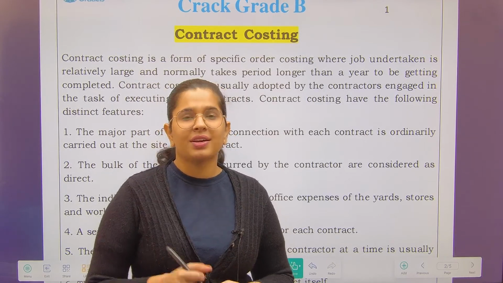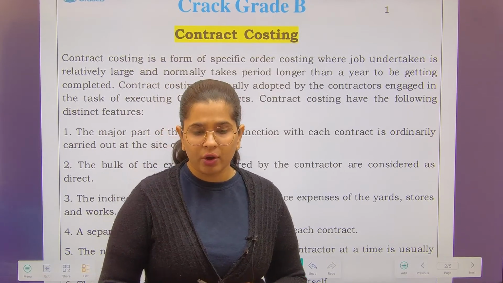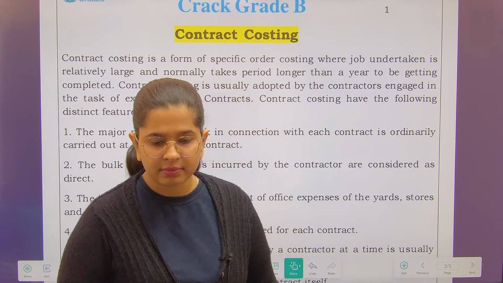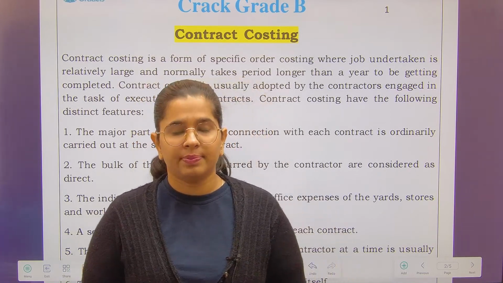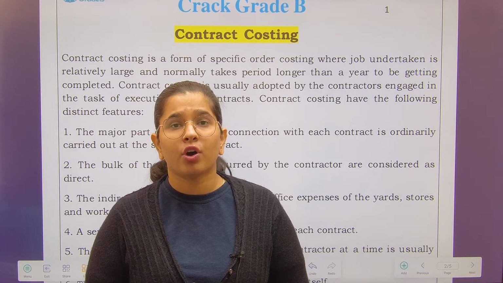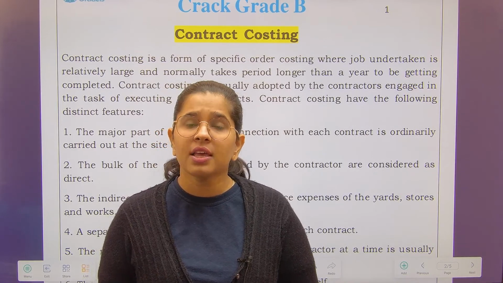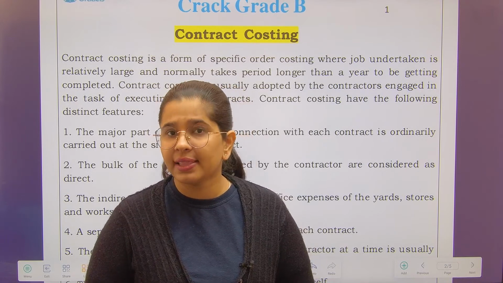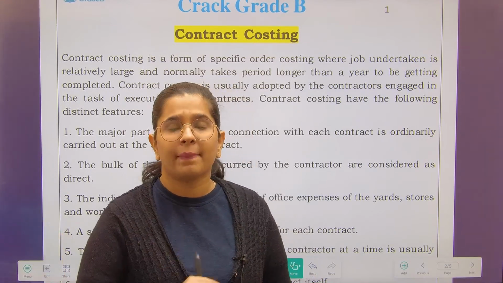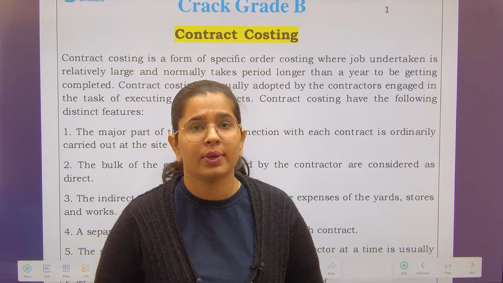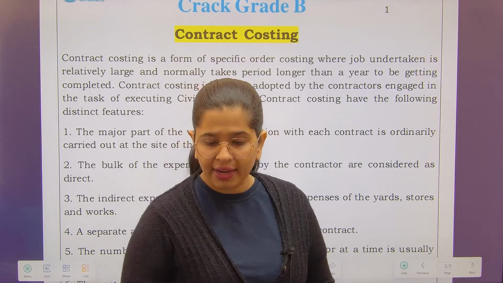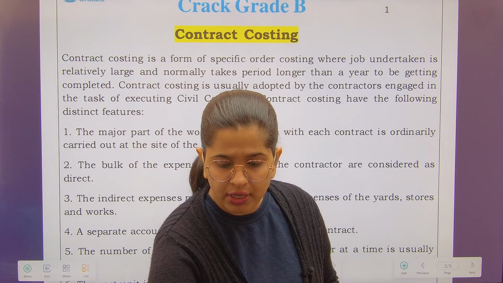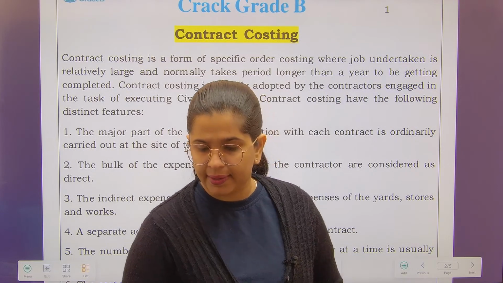The other but smaller part of your contract costing is your batch as well as your job costing. This happens in job costing as well, that there are a small number of jobs that you carry out and you find out the costing for each of the jobs separately, right?